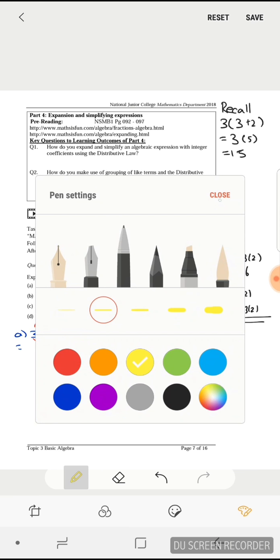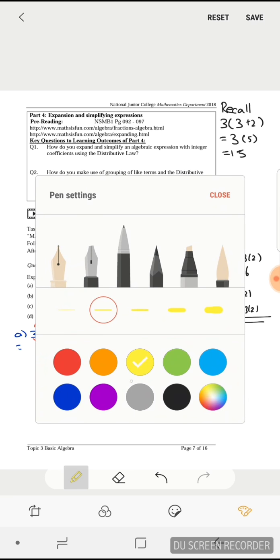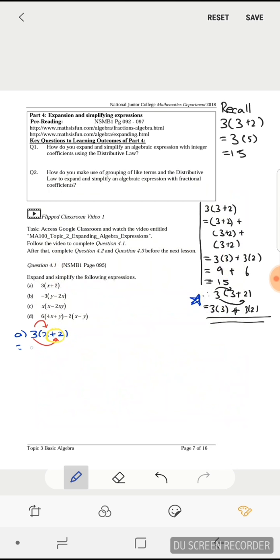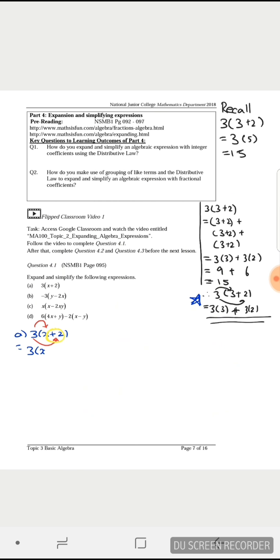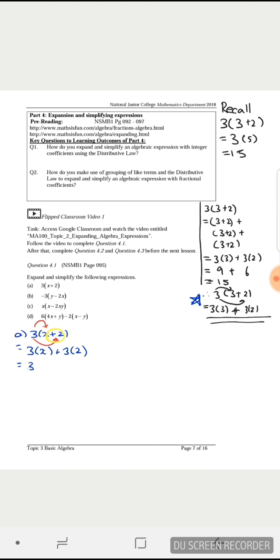So you should be able to see that the sign of plus 2 is very important. Positive 2. From here, you get 3 multiplied by x plus 3 multiplied by 2. And this gives you 3x plus 6. The end.